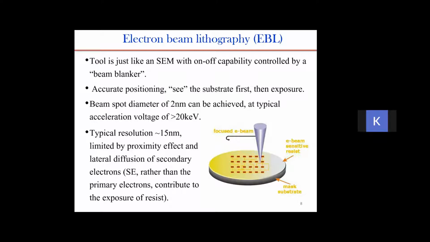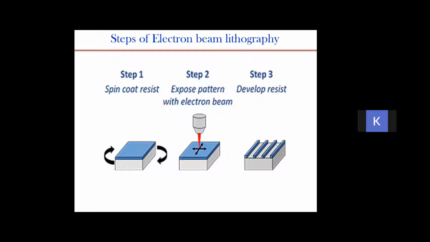The steps are more or less the same as you have seen in photolithography. Only in the exposure part, you are exposing with an electron beam and you don't need a mask for that. That's why this is called a direct writing system.